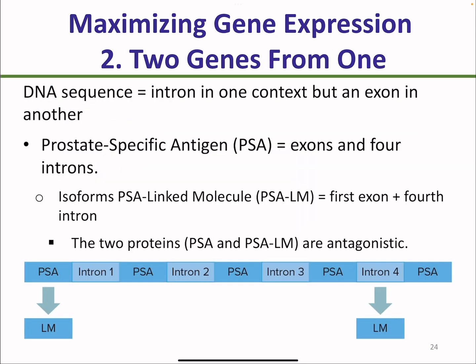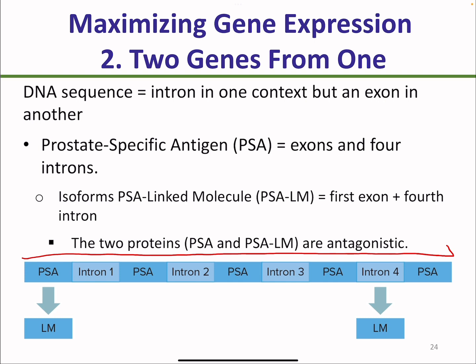Now, from one gene, you can have 2 genes. How can that happen? Well, in this particular instance, in DNA you are going to have a whole sequence, and that whole sequence is going to have exons and introns.